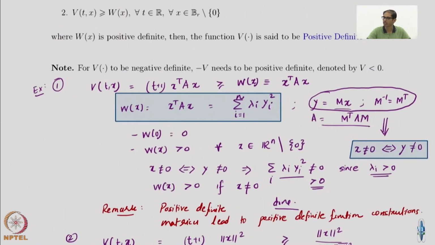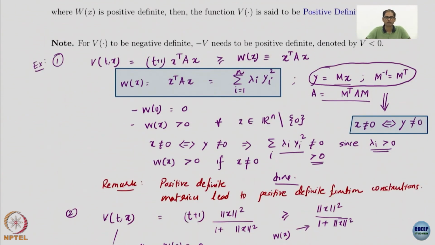So pretty straightforward. The idea is that positive definite matrices lead to positive definite functions. Please do not think of this as a trivial result. We do use quadratic Lyapunov functions in a lot of scenarios, even for nonlinear systems, especially when you have systems which are to a large extent feedback linearizable.